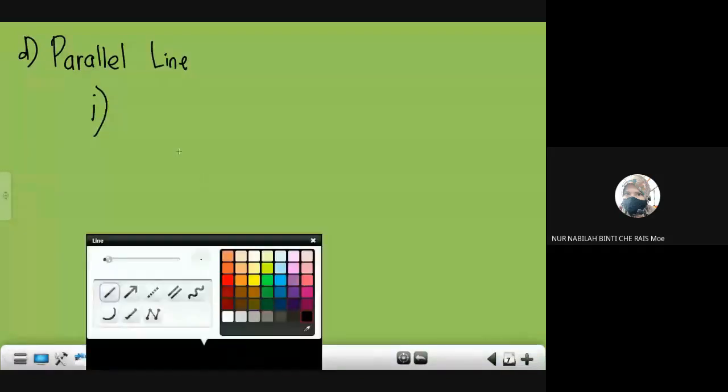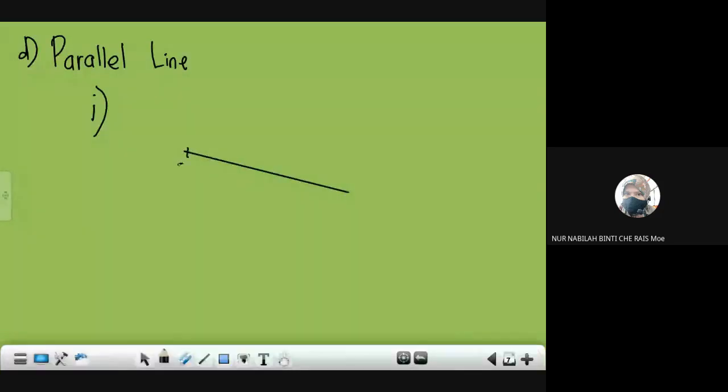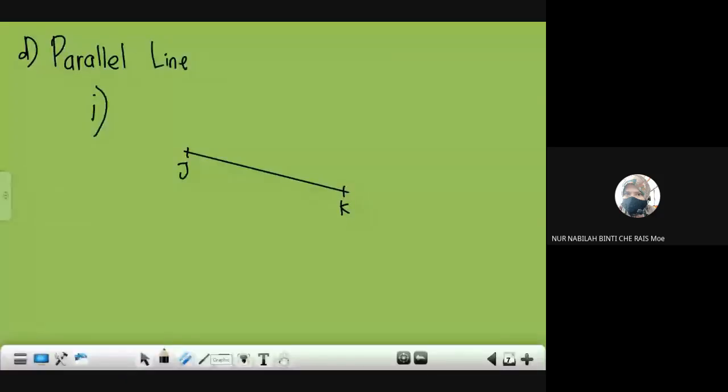JK, like this. Okay, so this is your line JK, and then you have a point. The point given is S. So let's say this is your point given S.